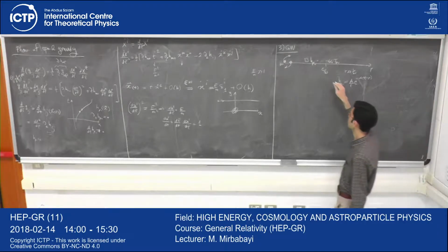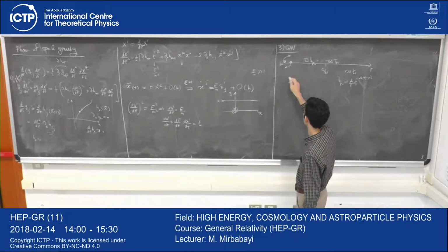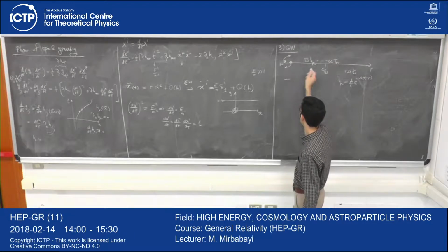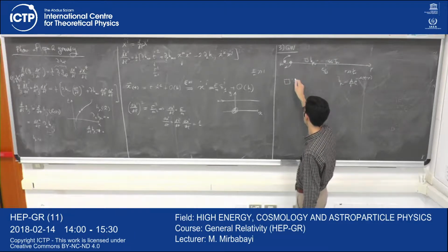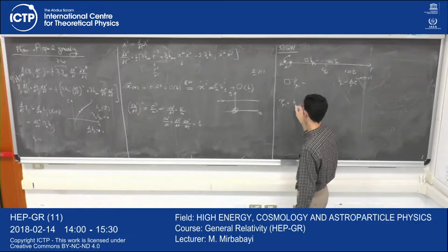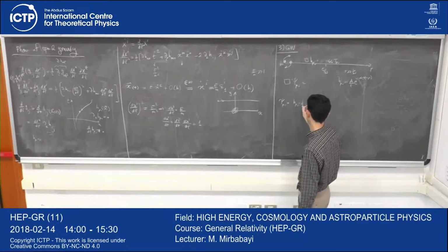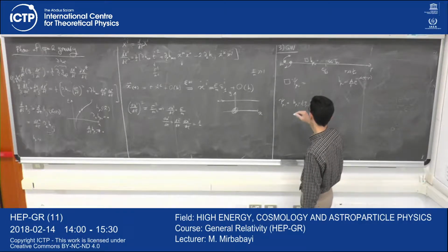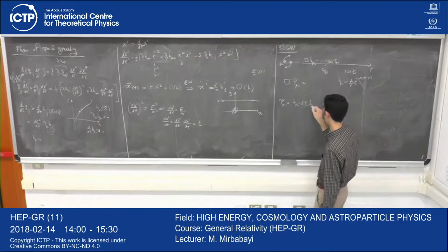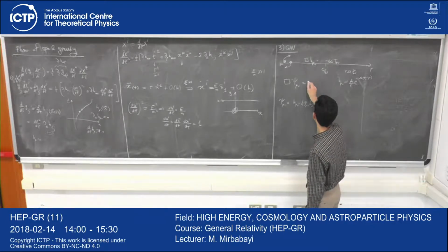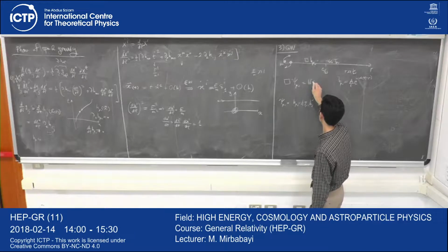In fact, we can choose a particular gauge in which the equation looks almost identical to the scalar case. So I can define this new variable psi mu nu, which is h mu nu minus 1/2 eta mu nu h, where h is just the trace. And for that variable, the equation of motion is almost identical.